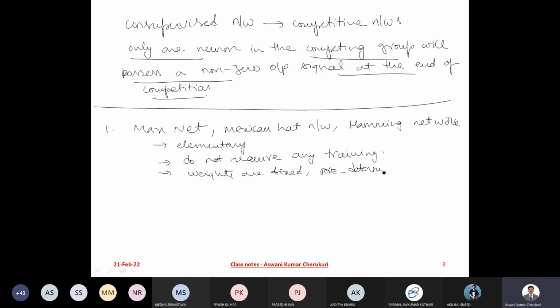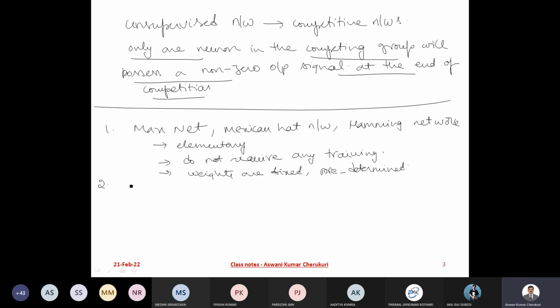So one variety of network is called MaxNet. There is another network called Mexican hat network, and another called Hamming network. These are all elementary competitive networks. They do not require any kind of training, and the weights of these networks are predetermined and fixed.